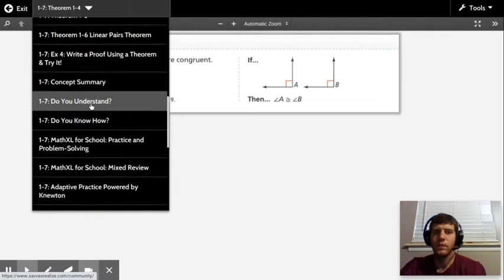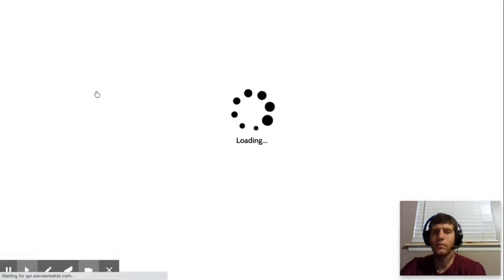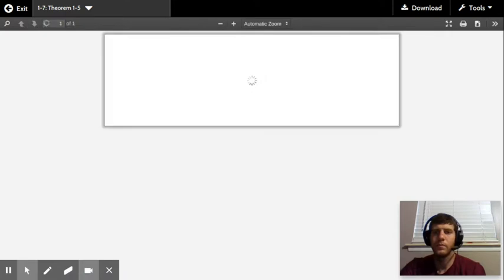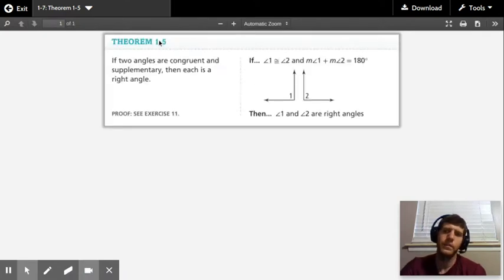Now let's look at theorem 1.5. Theorem 1.5 says if two angles are congruent and supplementary, then each is a right angle. If two angles are supplementary, that means they add up to 180.